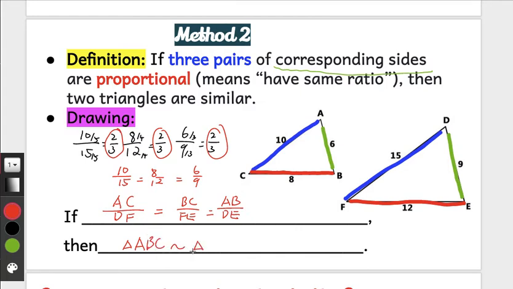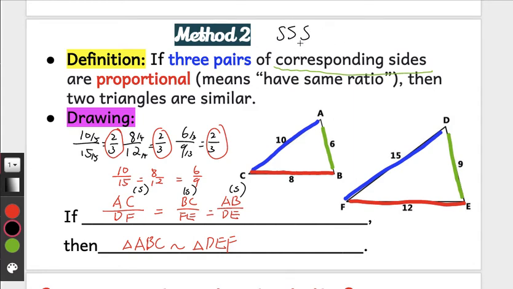So triangle ABC is similar, and this time, the little curve sign here means similar. Please make sure you use the accurate symbol. So DEF. This time, as you can see, we use 3 pairs of corresponding sides. That's the first pair, second pair, third pair. So that's why we call this SSS.